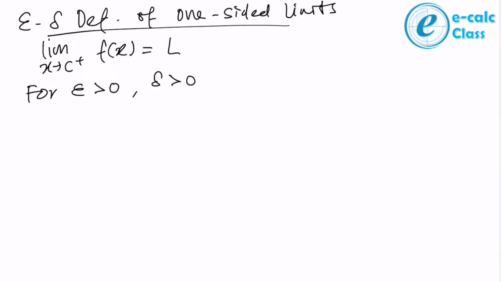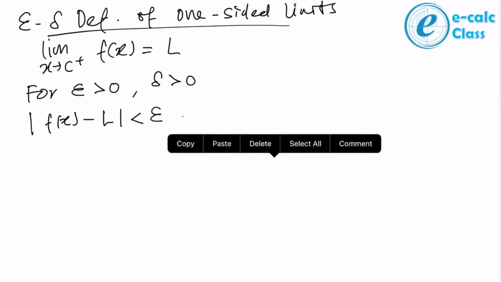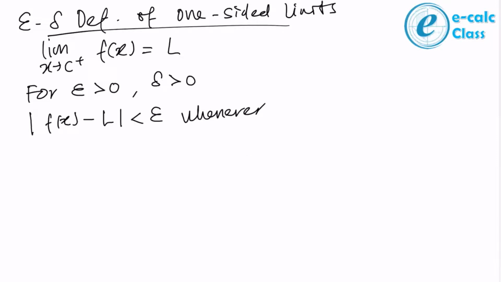Then you have to show that the absolute value of f(x) minus L is smaller than epsilon whenever x is in between c and c plus delta. What does it mean?